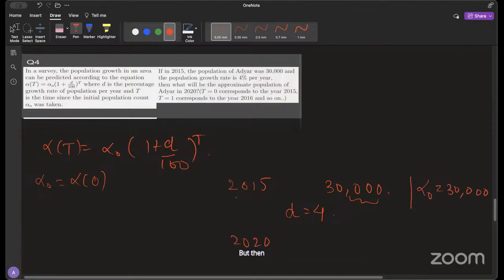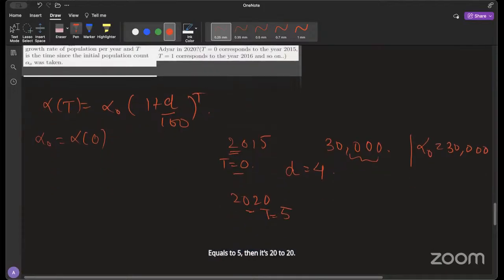But then you will have to consider 2015 when t is equal to 0, and you have been given the hint as well. So you can just take 2015 corresponding to t equals 0, which would give you t equals 5 when it's 2020, right?